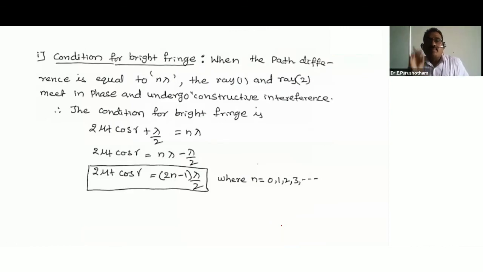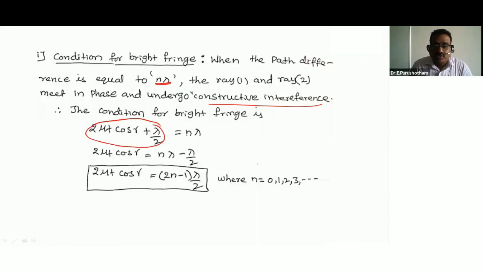So condition for bright fringe. In general, for a bright fringe the path difference is n lambda. We studied this in Young's double slit. The ray 1 and ray 2 meet in phase and undergo constructive interference, so it gives the bright fringe. Here the path difference is 2 mu t cos r plus lambda by 2.